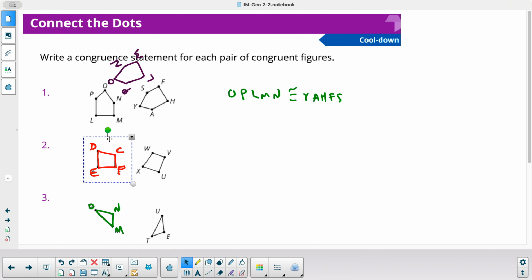And then I come over here, this thing needs rotated. So there it is. So I'll just stay in order.